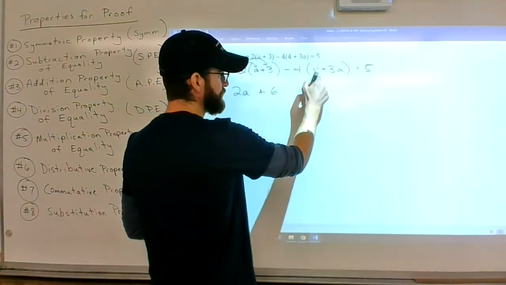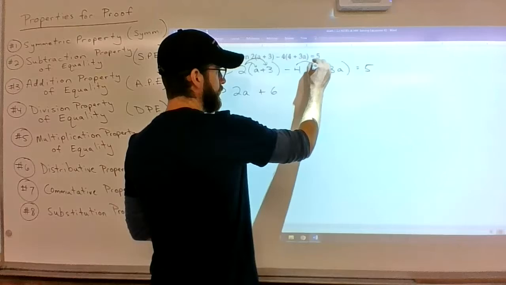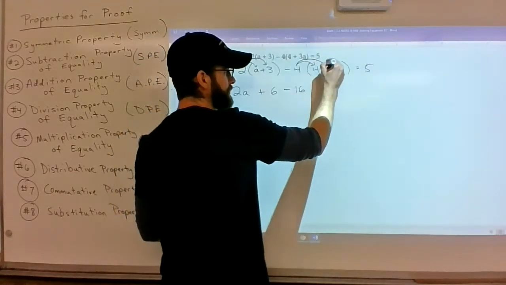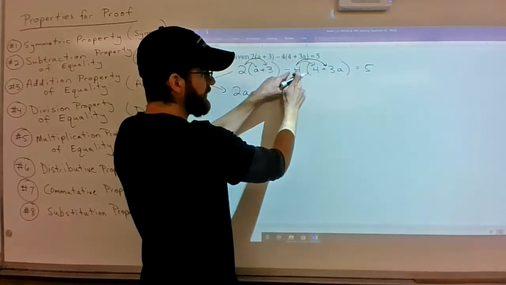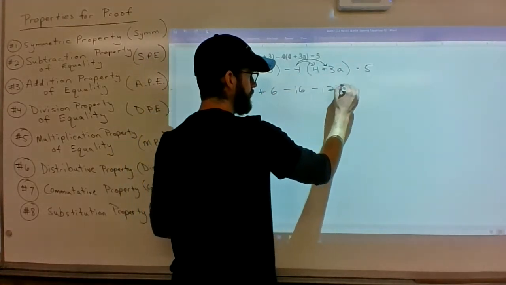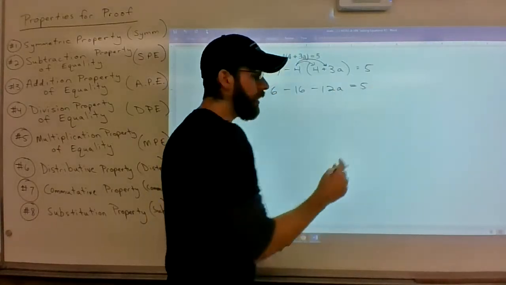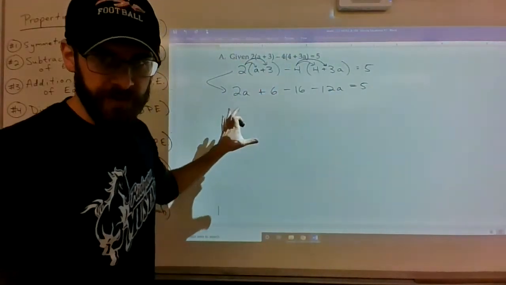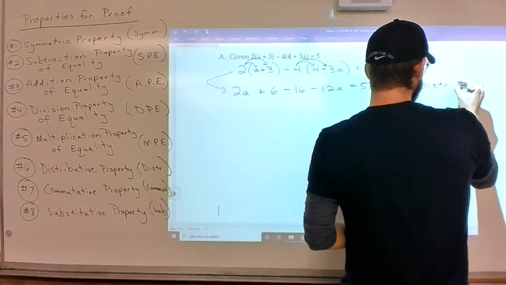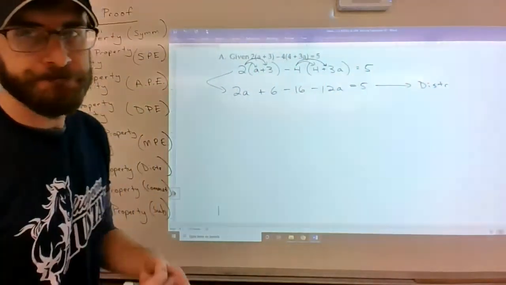Negative 4 times 4, which is minus 16. And then a negative 4 times a positive 3a, that's going to be negative 12a. And all I want you guys to do is, after you do that step, you just point over here and say, that was the distributive property.